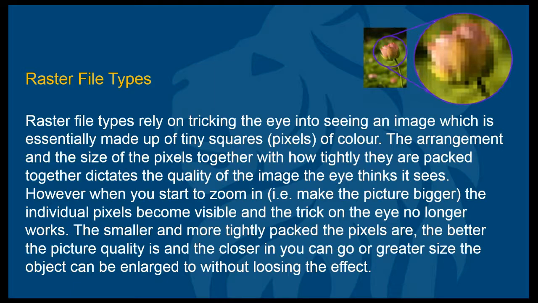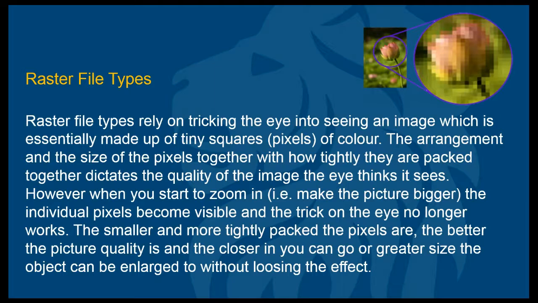The better the quality, the tighter the dots are put together and the more of them there are. So if you want really good image quality, you'll use a very high resolution image, and therefore the image can possibly be enlarged without distorting and the effect that tricks the eye becoming nullified.